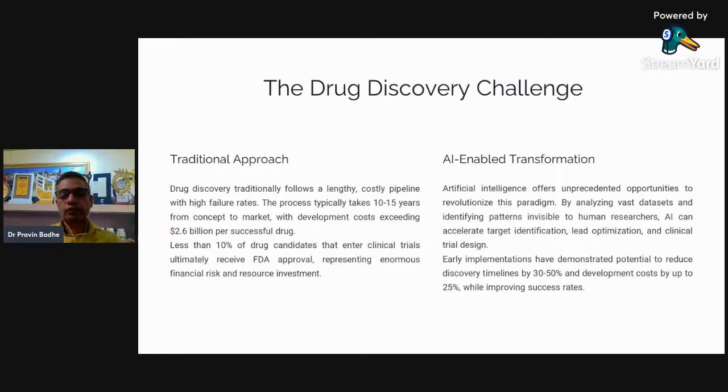It has already started showing the potential, where the time frame of 10 to 15 years is already reduced by 30 to 50%, and the development cost has been reduced by 25%. So this is already happening. The challenges are being reduced, but simultaneously the transformation is happening.